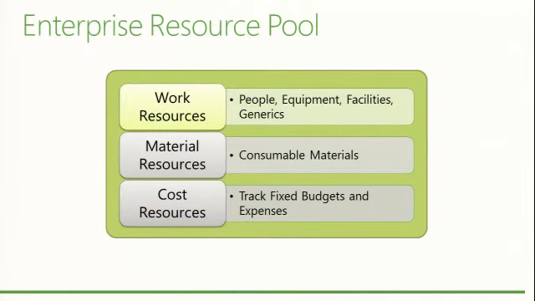And then you've got a third type there called cost resources. This is a resource type that Microsoft created in the 2007 version of the product. Prior to 2007, there was no such thing as a cost resource. That's basically used for tracking other types of fixed costs that you might incur on your projects that cannot be easily represented with work resources or material resources.